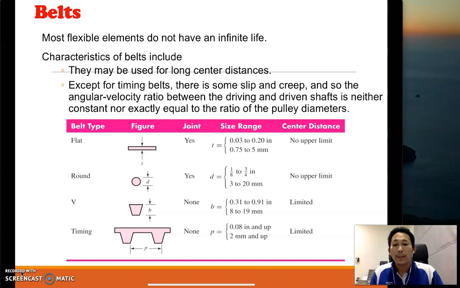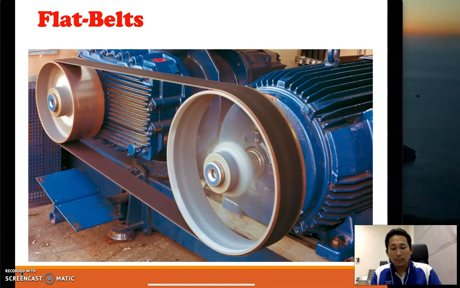From the table, we can see that we have at least 4 types of belts. The first one is flat belts, then round belts, V belts, and timing belts. So there is the figure of the belts, joint, size range for the belts, and center distance. This is an example of the flat belts.